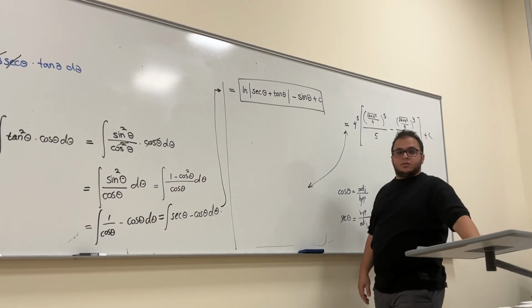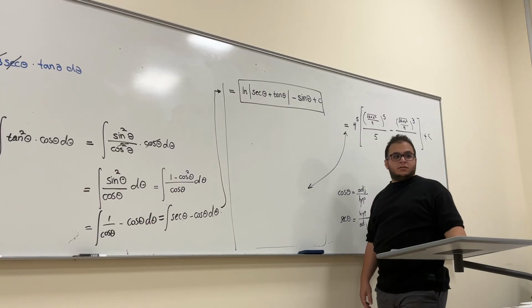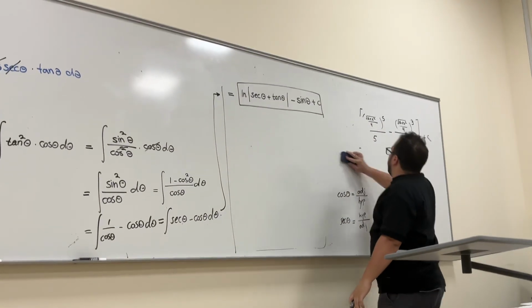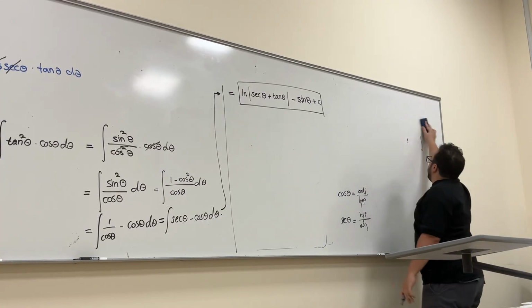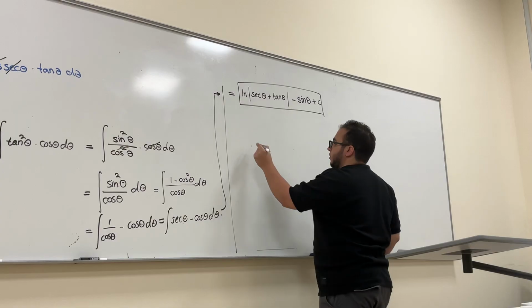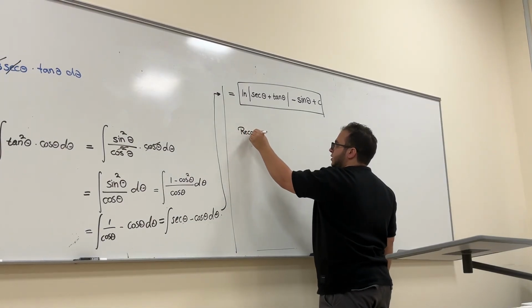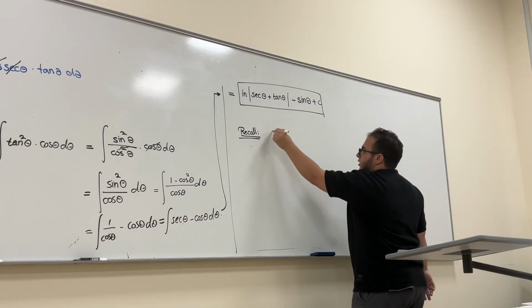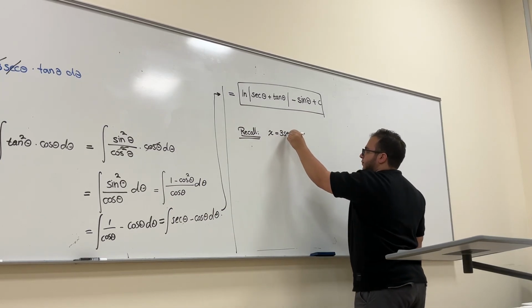What can I do? Draw the triangle, because I need to go back to x. That's the only way to go back to x. The triangle is only based on the first trig substitution I made. Recall, what's the trig substitution we made? X equals 3 secant theta.